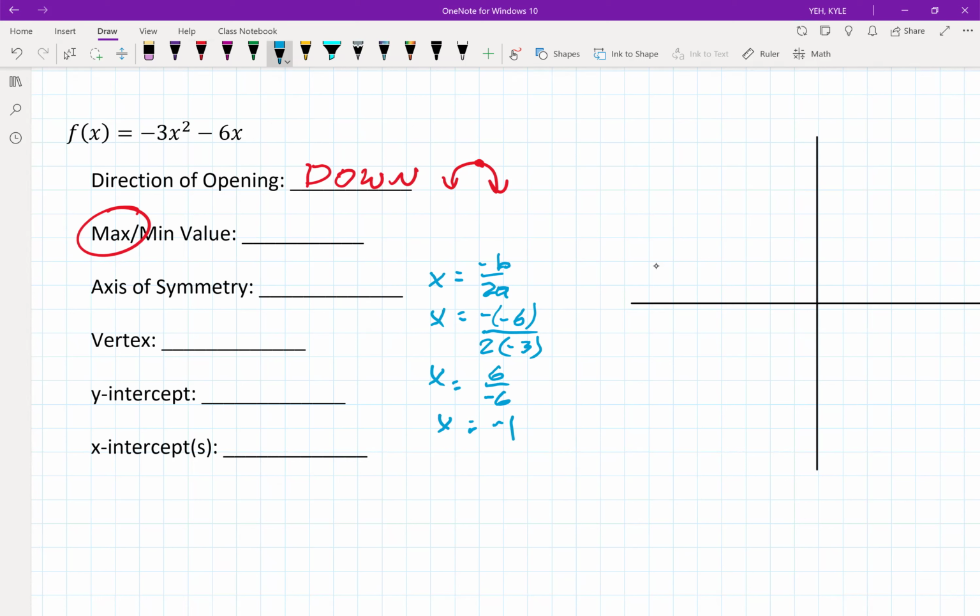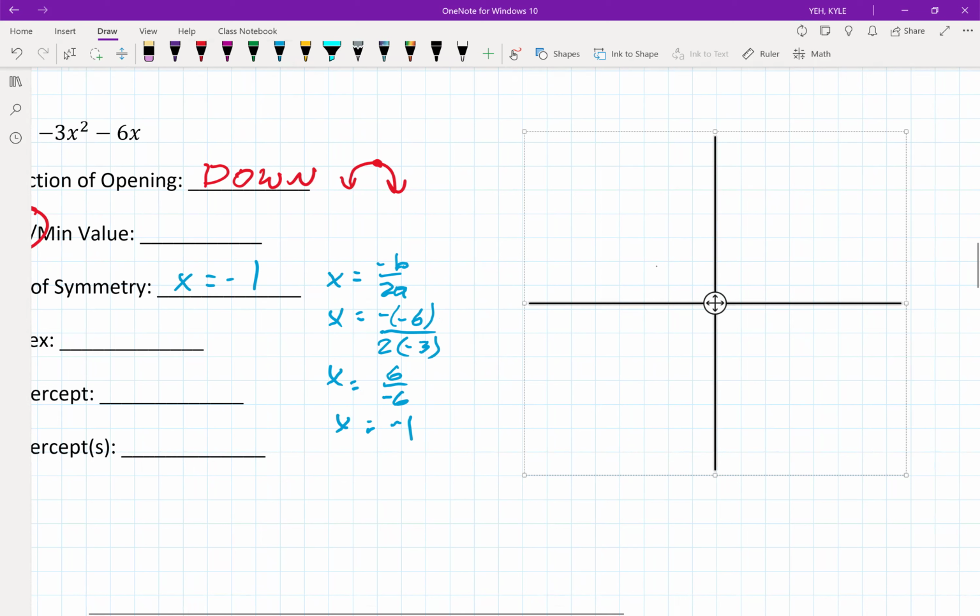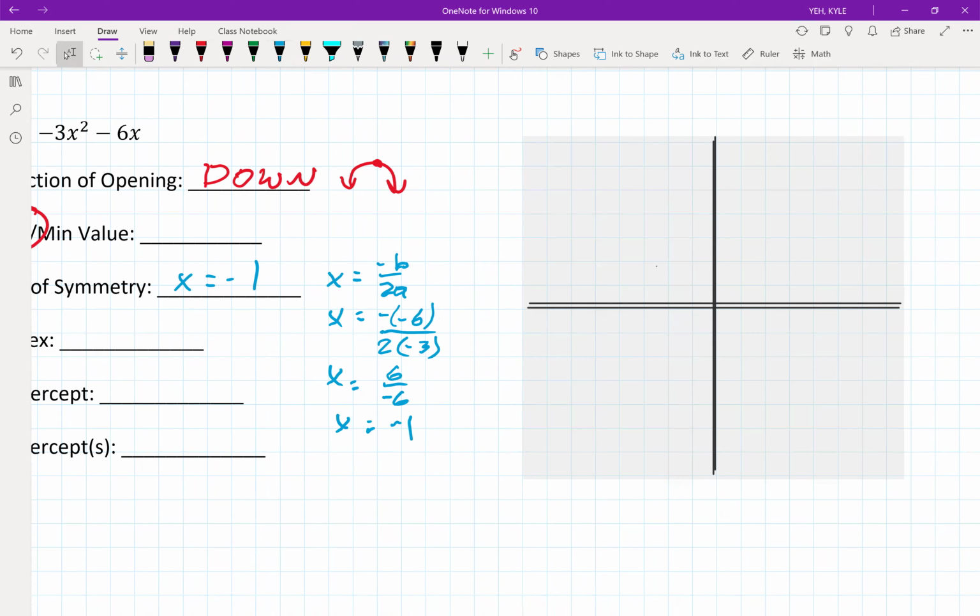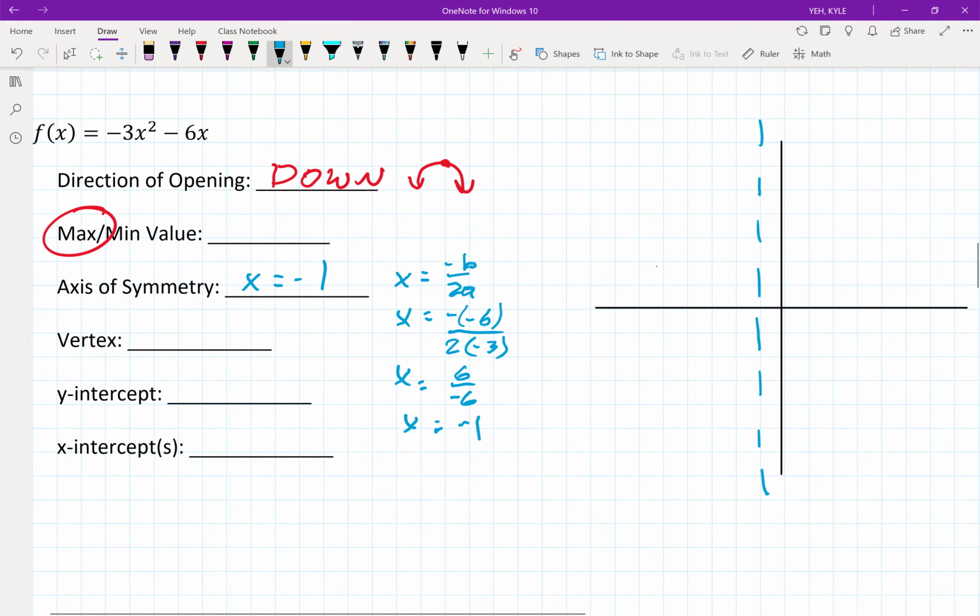So the axis of symmetry, x equals negative 1. And I like to just kind of start my graph off with my axis of symmetry. So I'm going to draw a line right there where x equals negative 1. And that's my axis of symmetry.